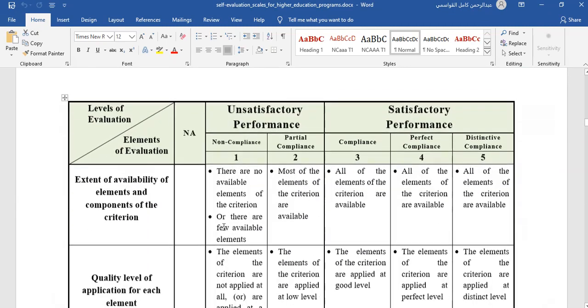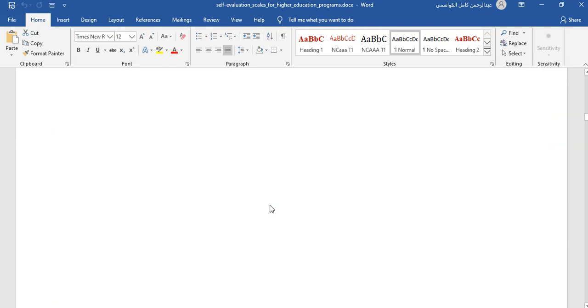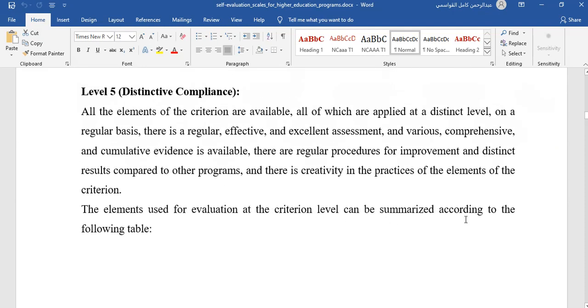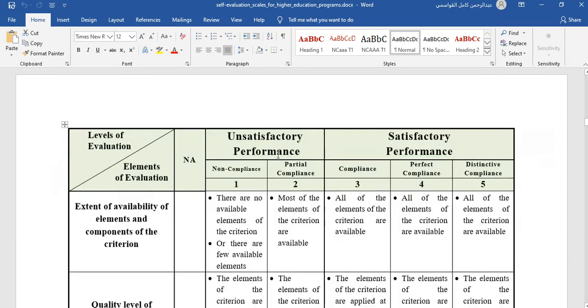This is the table: levels of evaluation, elements of evaluation. For this table, we have unsatisfactory performance and satisfactory performance.